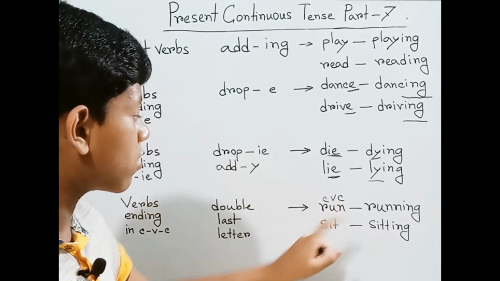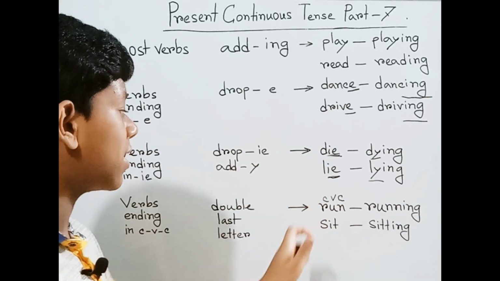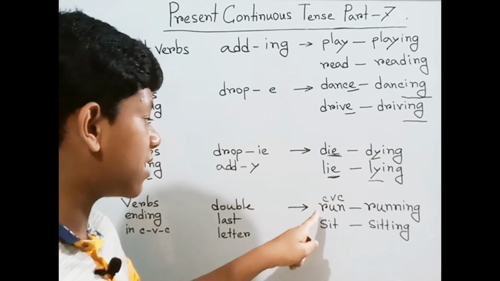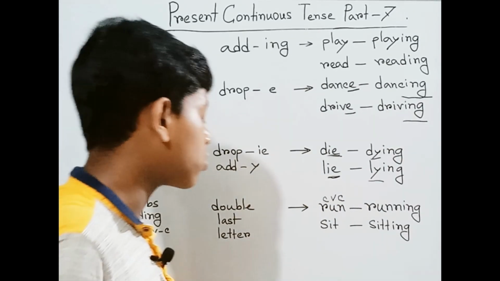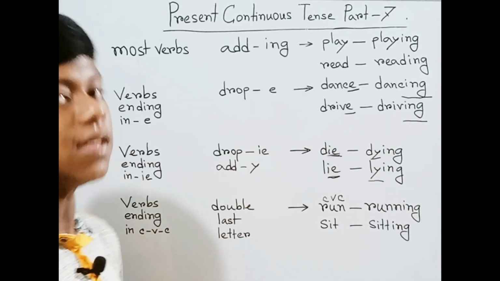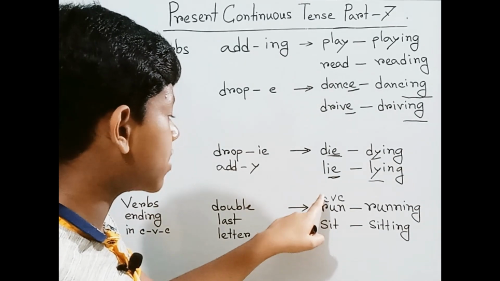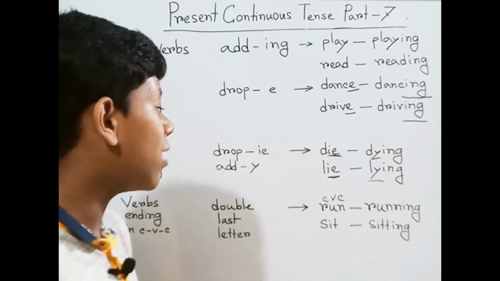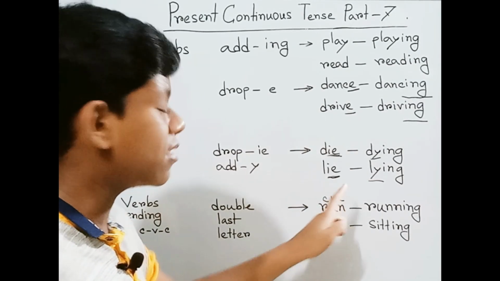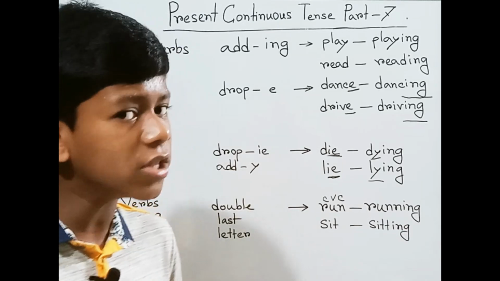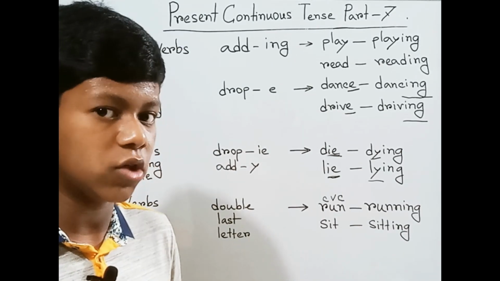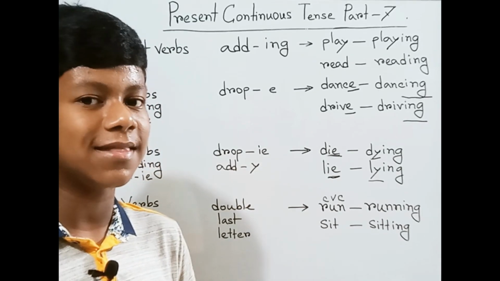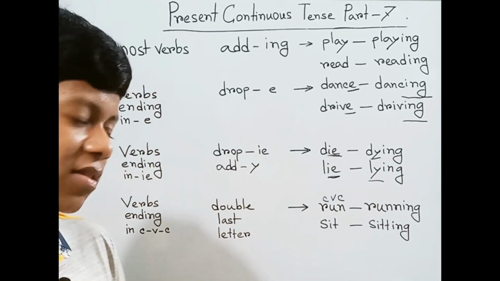N is the last letter and it is a consonant, in the middle of the word is U, a vowel, and the first letter R is a consonant. So we have three letters in this word: R is consonant, U is vowel, and N is consonant. What are the vowels? We know A, E, I, O, U. These five letters are vowels, and all the other letters are consonants.